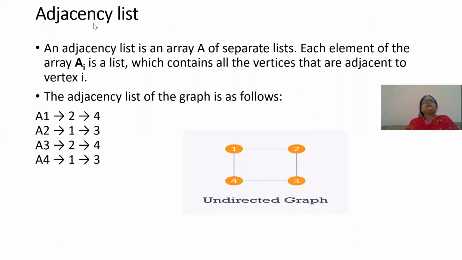Adjacency list. It is an array. Each node has its own array of its adjacent nodes list. It means there is an array A1 for vertex 1 and it contains elements, its adjacent nodes.